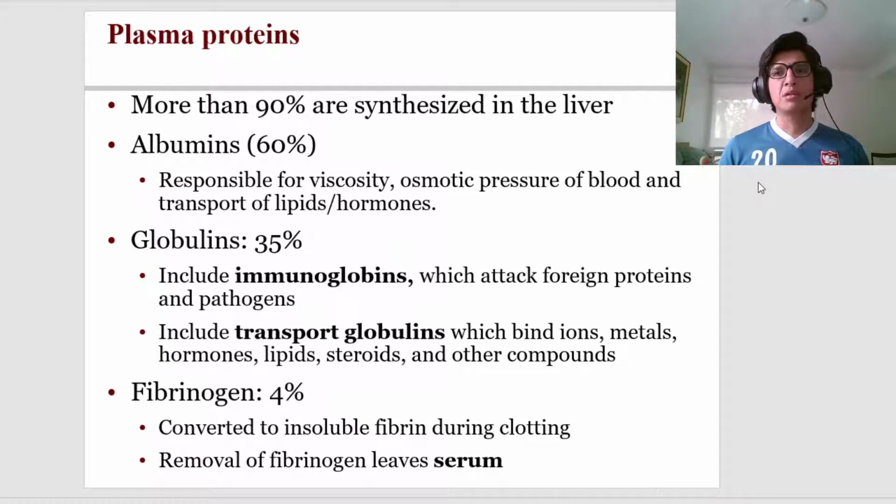The albumins are also responsible for the transport of lipids and hormones, lipids and hormones that are hydrophobic in nature. We mentioned if you were to pour oil into your sink, the oil does not readily flow.